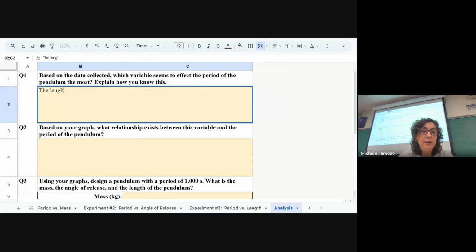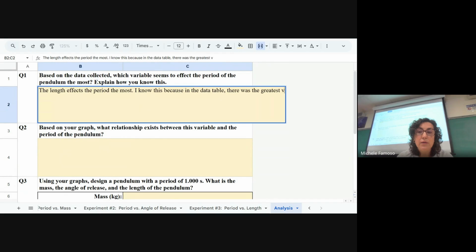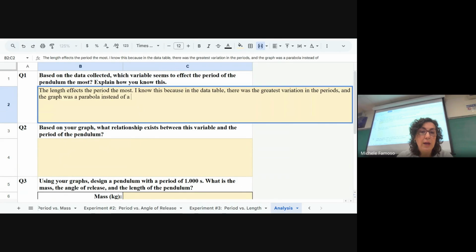The length affects the period the most. I know this because in the data table, there was the greatest variation in the periods, and the graph was a parabola instead of a horizontal line.